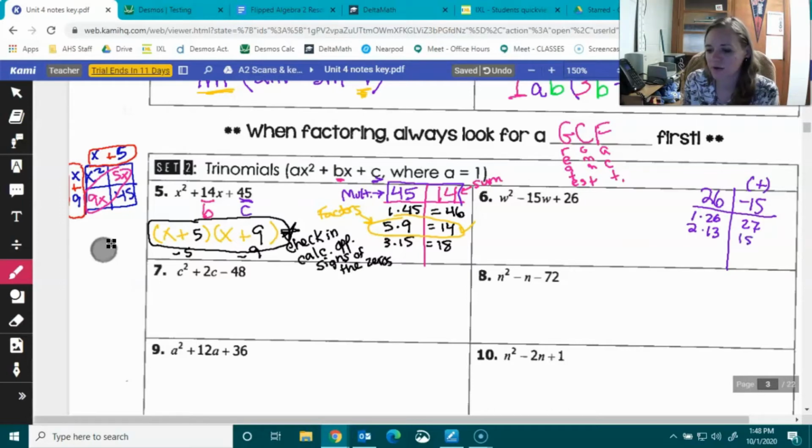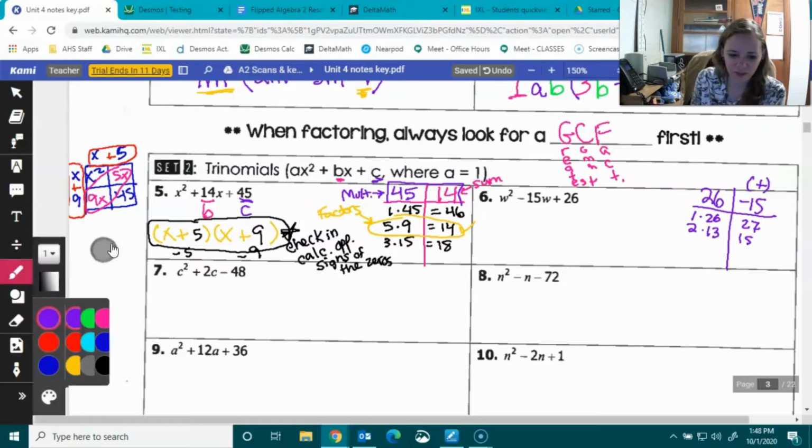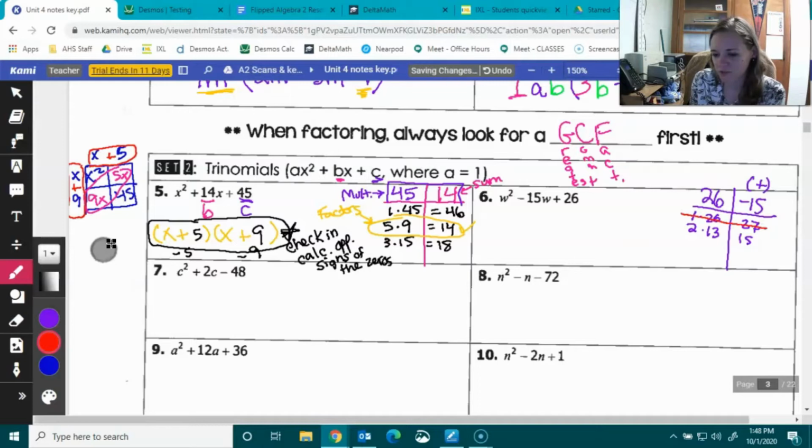Okay, now, hey, what's the best option? Looks like it's going to be this one, because we're close, right? The only thing we're not getting is a negative. How can we get that negative? So I'm going to go ahead and eliminate this pair. All we would have to do is to make both of these negative, right?